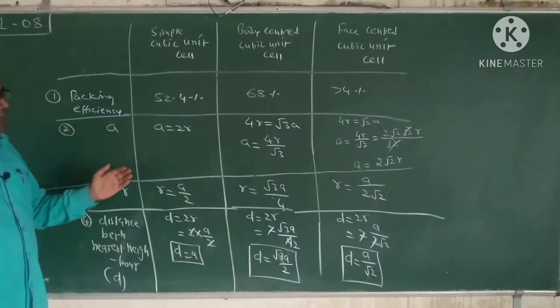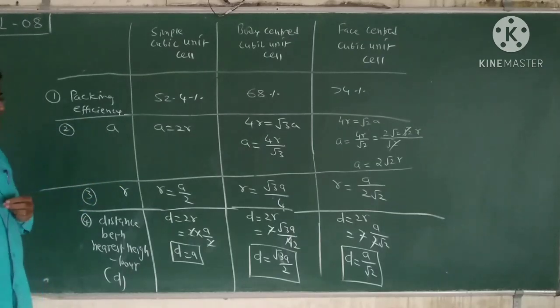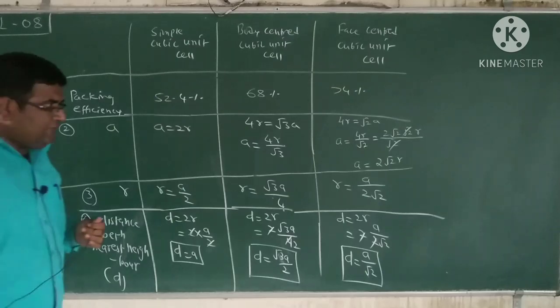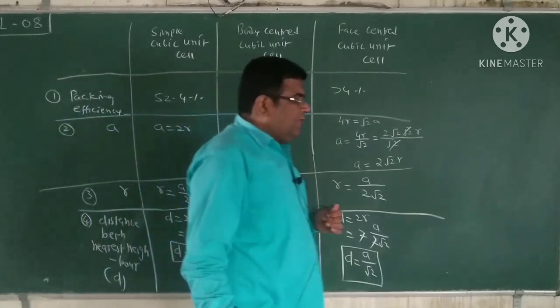Then only can you do these calculations with some speed. Right. So this is about the various types of crystal systems and their packing efficiency. Now only one formula, we'll see further because we'll use that formula again and again.